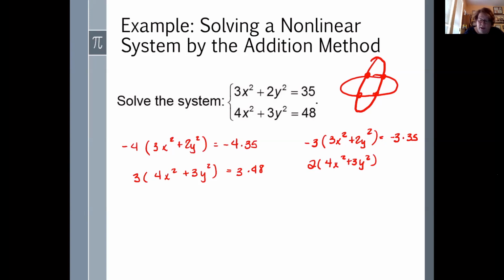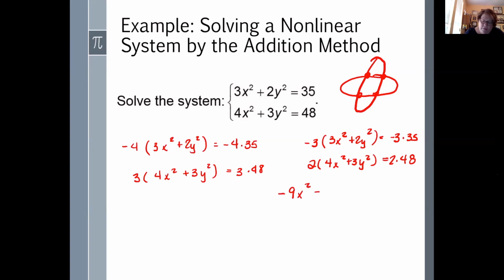So we have 2 times 48. When I do this, I'm going to get -6y squared, and I'm going to get 6y squared. When I add the two equations together, I'm going to eliminate the y, and I'm going to be left with x. Either one of these works fine. It really doesn't matter which method you use. Just pick a variable to eliminate and multiply by an appropriate constant to eliminate that variable. I think I'll go with the second method because that's what's in my notes. So what do we get?